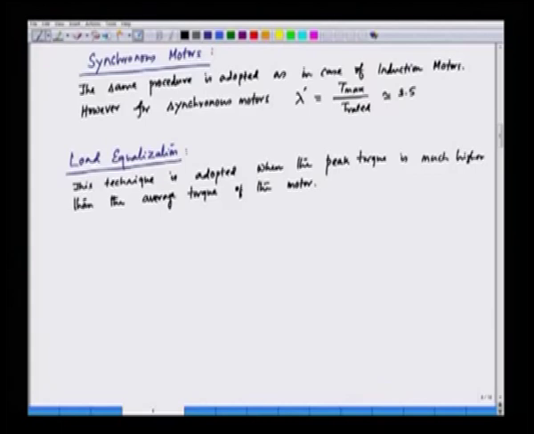Say for example, we can take an example that a load is periodic, but it is having a high peak torque. We have a high value and we have a low value, but the load is periodic.